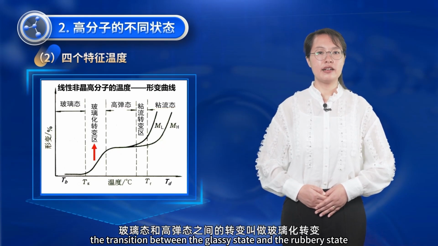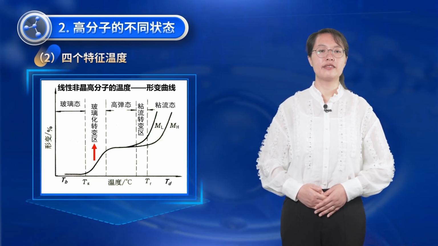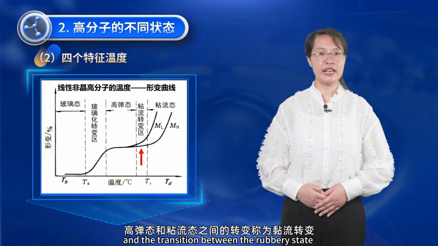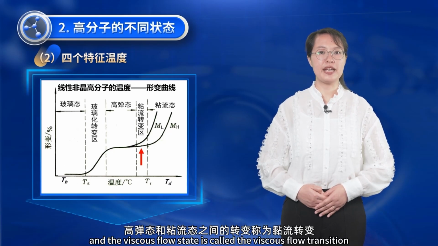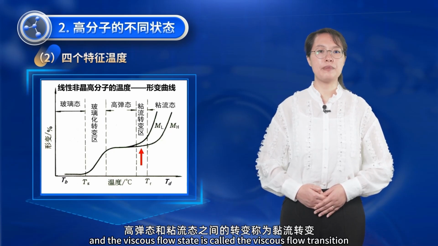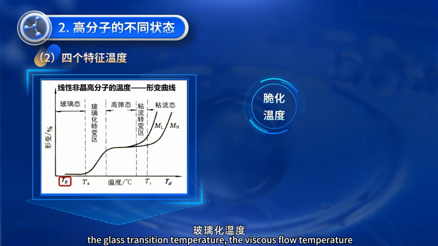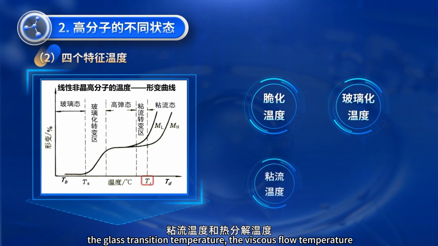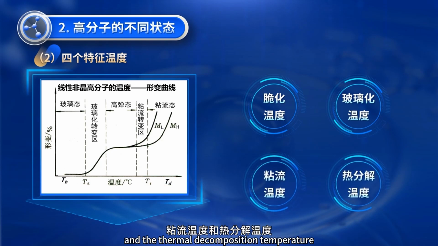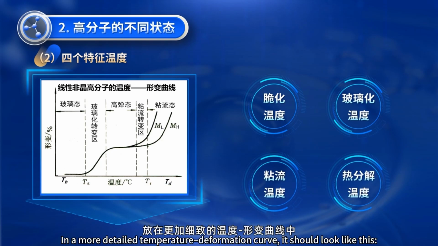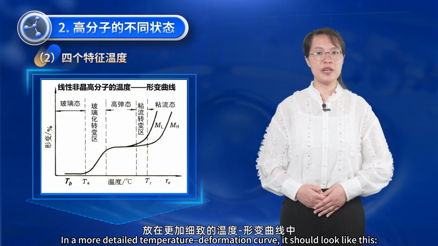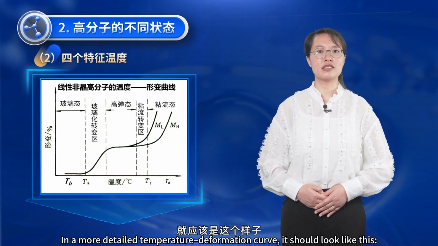The transition between the glassy state and the rubbery state is called the glass transition, and the transition between the rubbery state and the viscous flow state is called the viscous flow transition. The four characteristic temperatures correspond to the brittleness temperature, the glass transition temperature, the viscous flow temperature, and the thermal decomposition temperature. In a more detailed temperature deformation curve, it should look like this.